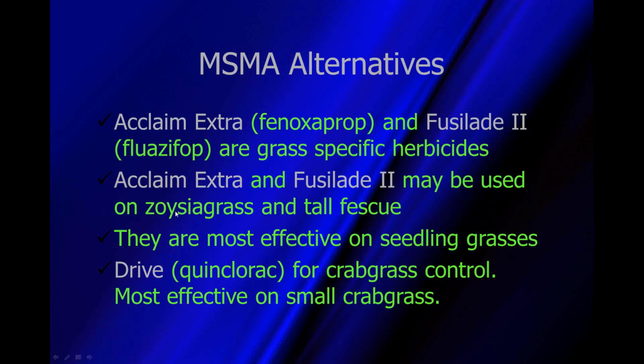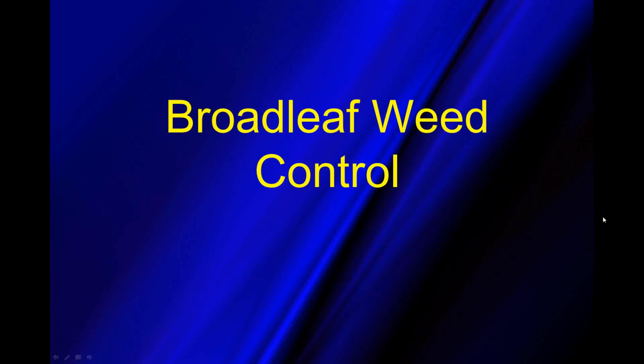If you're growing zoysia or tall fescue, you can use fenoxaprop or fluazifop products, trade named Fusilade or Acclaim. You can also use quinclorac or Drive for crabgrass control, which you have to put on small crabgrass. It's not as effective as a knockdown on larger weeds as the fenoxaprop and fluazifop are.